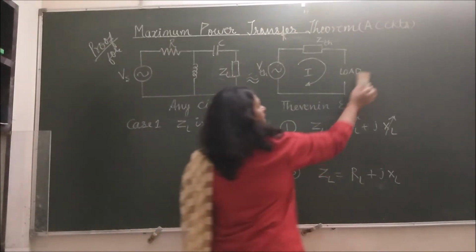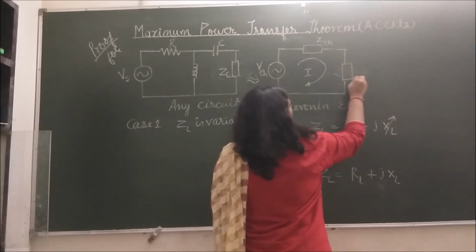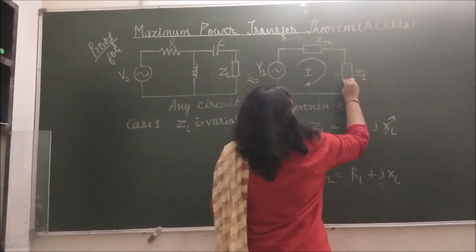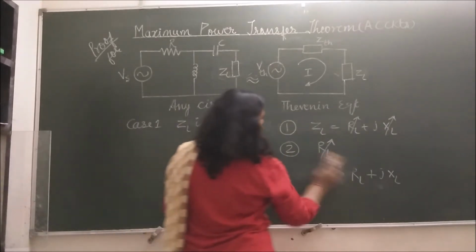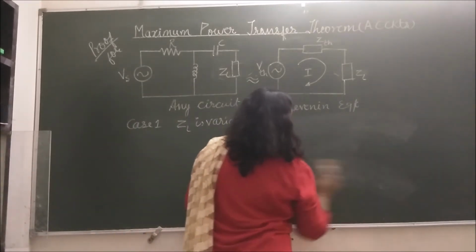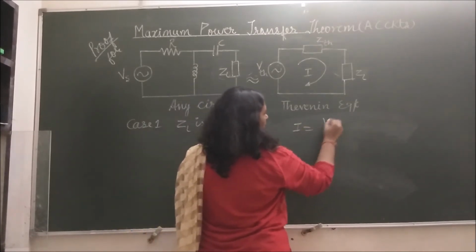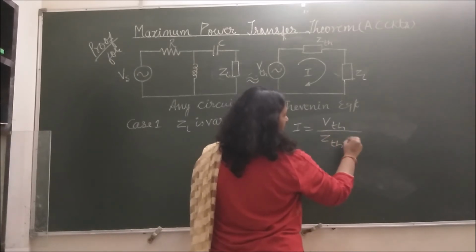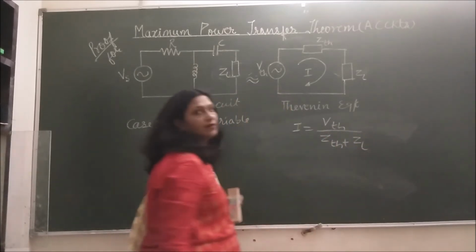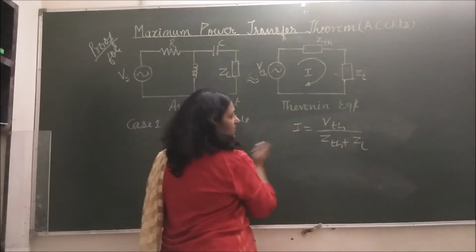This is the Thevenin equivalent and this is our load impedance ZL. The current is equal to VTH divided by ZTH plus ZL. This is the value of the peak current flowing in the circuit.